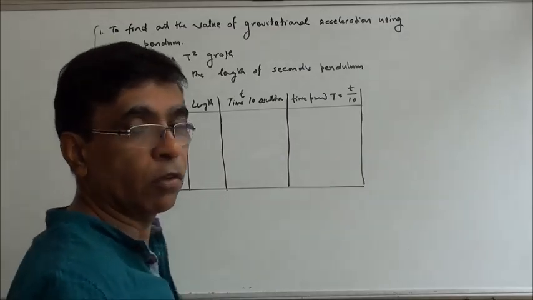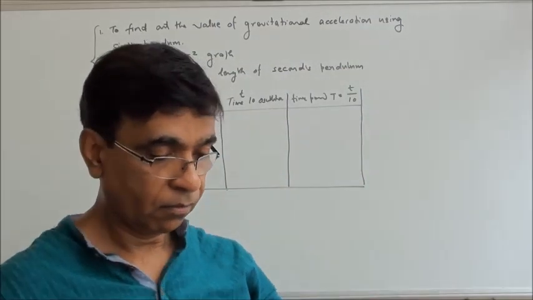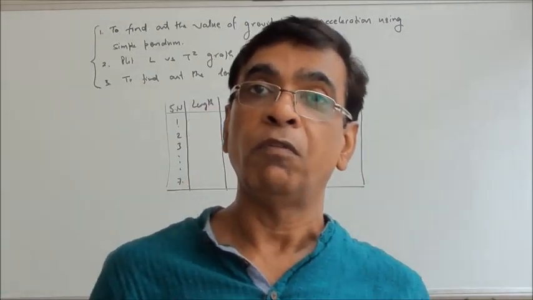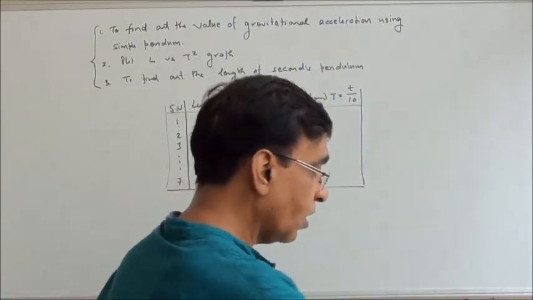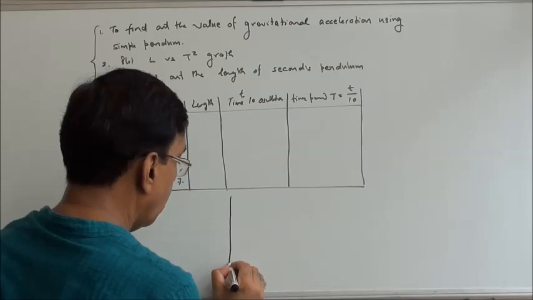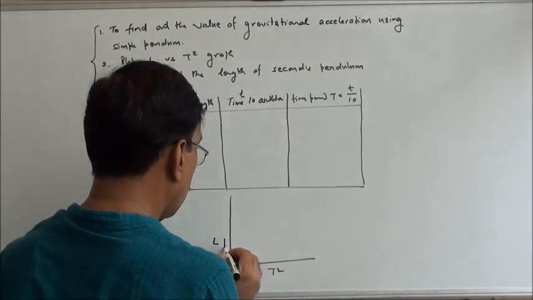You have to take a number of readings because you have to plot a graph, and further, the chances of error are more than when we do it in the lab. So that's why I take more readings, and then plot a graph. You can take time squared on this axis, length on this.